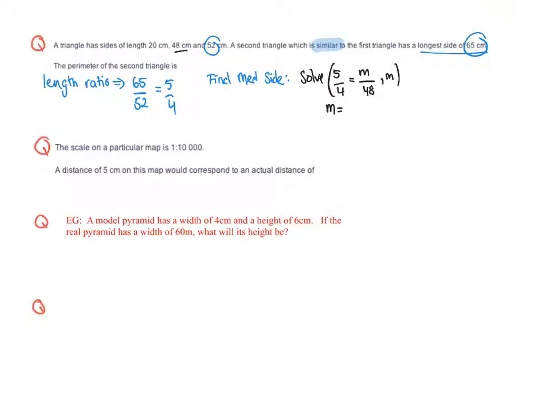Okay, I get M is 60. Then we're going to go find the last side, the small side. And you'll do the same. You solve 5 over 4 equals the small side S over whatever it was for here, which was 20, and get the answer.